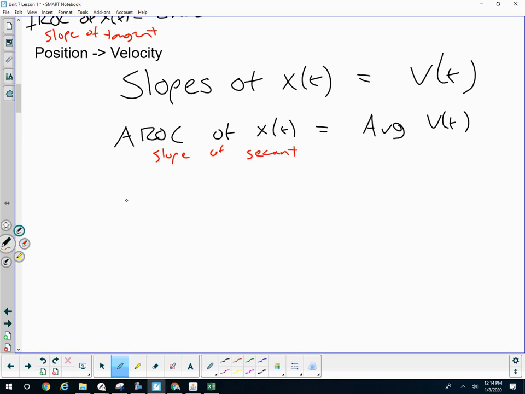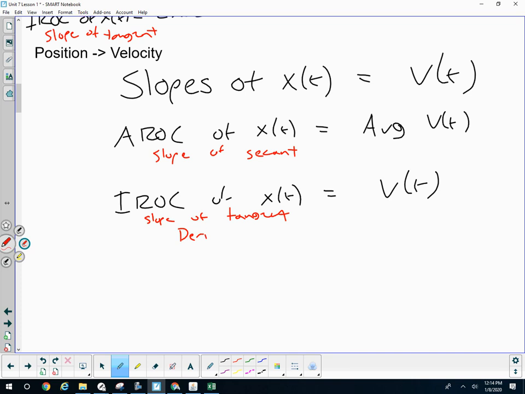An instantaneous rate of change of position gives us an exact velocity. Instantaneous rate of change, another way of saying that is slope of the tangent. Another way of saying both of those is the derivative.